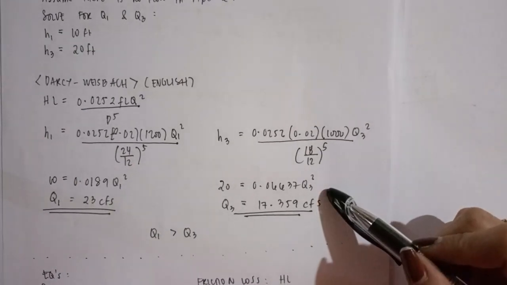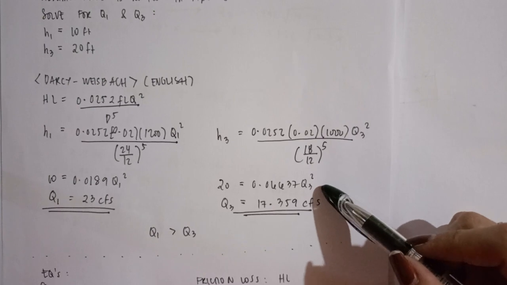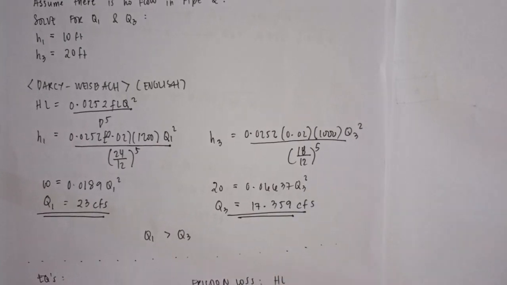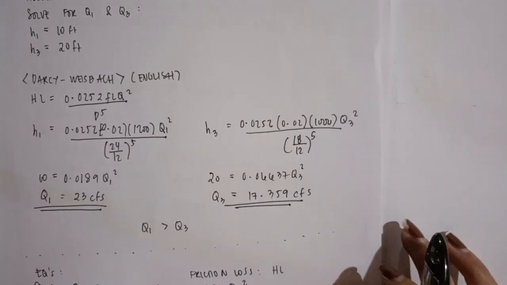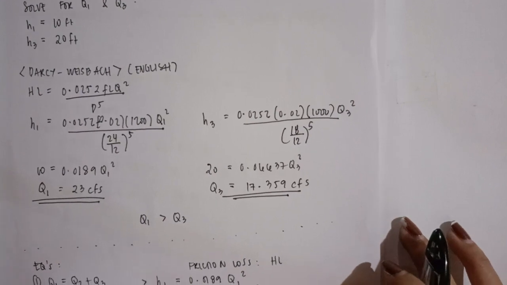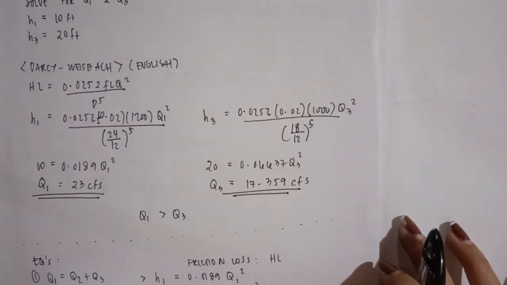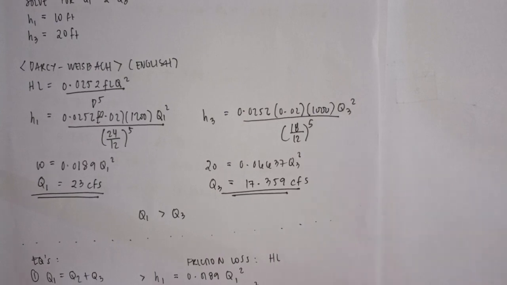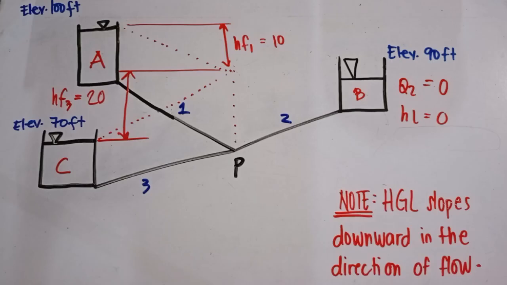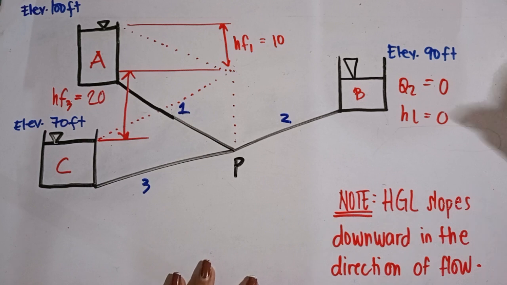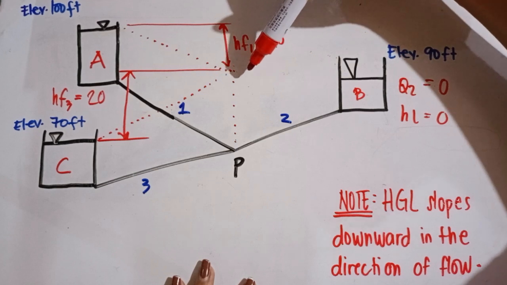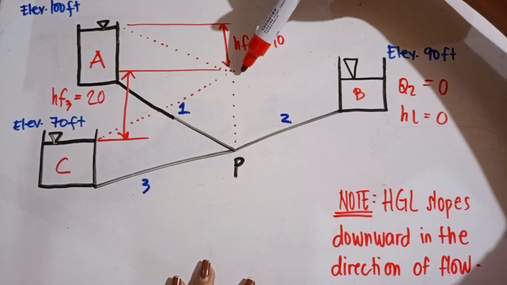Same goes for our HF3. We get Q3 is equal to 17.359 cubic feet per second. And since Q1 is greater than Q3, that means that B will receive water. So it is assumed that some of the discharge will go to B. Going back to our figure, since B will receive water, we're going to replot the HGL of reservoir B, which is going to slope downward from left to right.